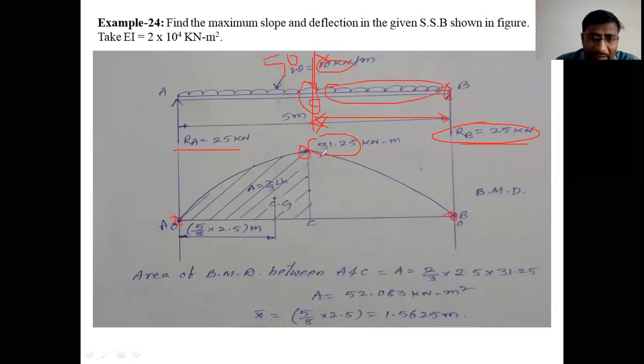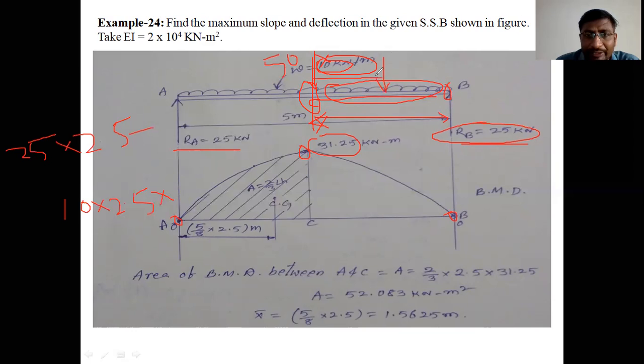So the bending moment at the center point is 25 into 2.5, which is in the anti-clockwise direction. It is taken as positive, minus this load. How much is this load? 10 kilonewtons per meter. Over how much distance is it distributed? 2.5 meters. So 10 into 2.5 is the load, and it is acting at a distance of 2.5 by 2. Isn't it?